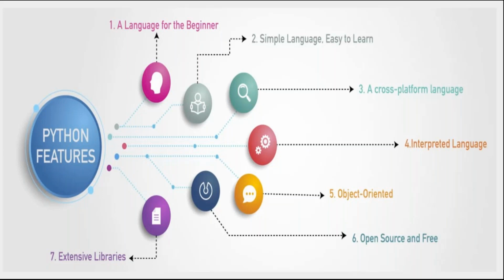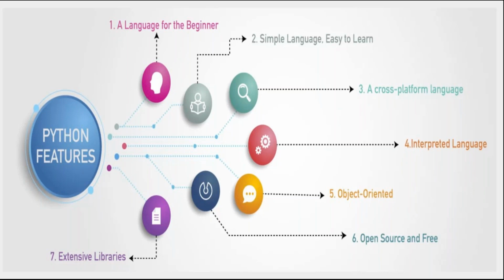All right. So coming to the next feature, object oriented. Python is an object oriented programming language also. What do you mean by object oriented? You might have heard about the OOPS concept. OOPS is a very popular term in the programming world.